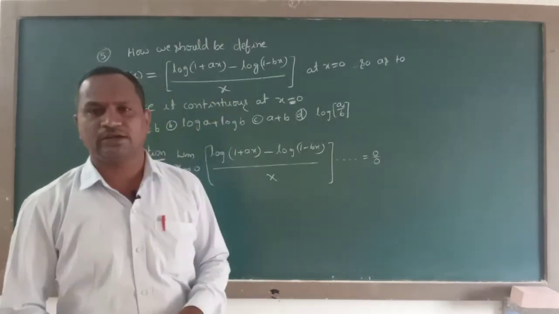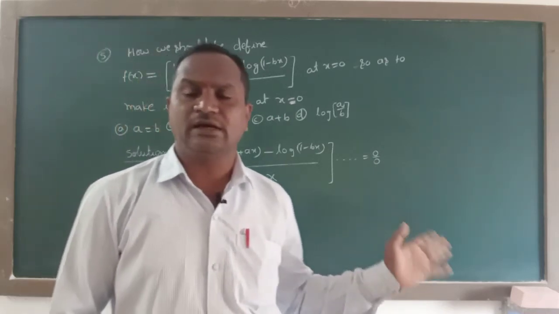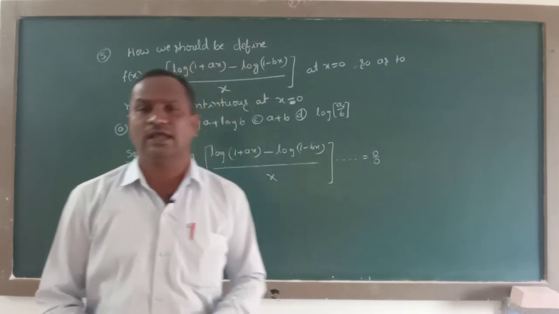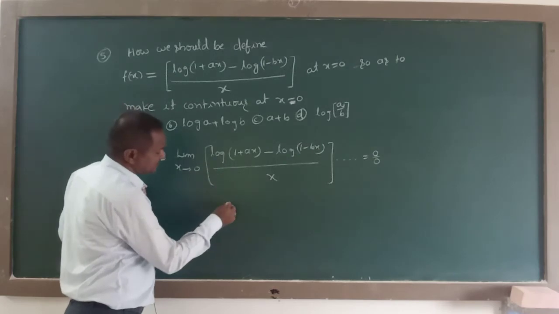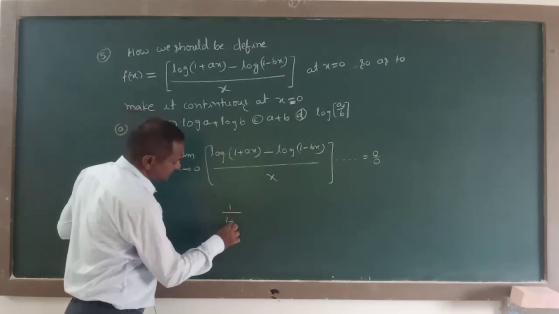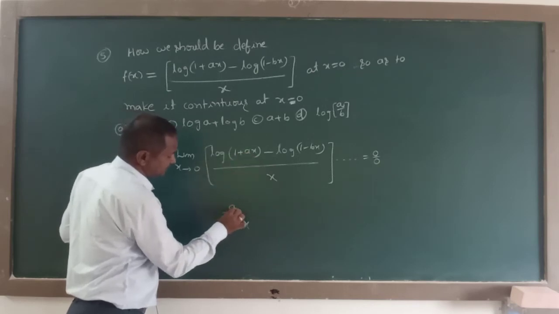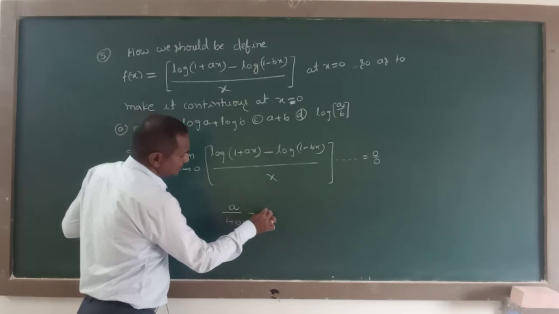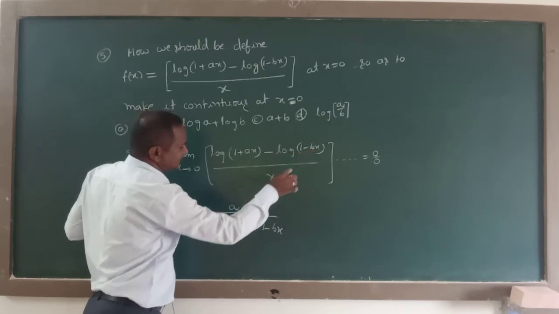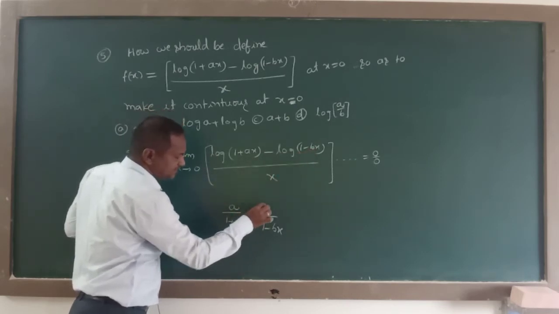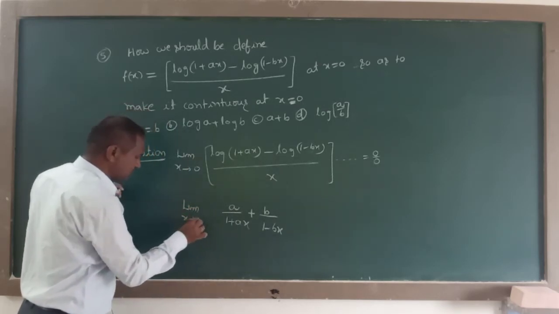To cancel this intermediate form, simply apply the L'Hospital rule, LHR. d by dx of log of 1 plus ax is a by 1 plus ax, minus d by dx of log of 1 minus bx, which is minus b by 1 minus bx, so minus minus becomes plus b. Limit as x tends to 0 here.